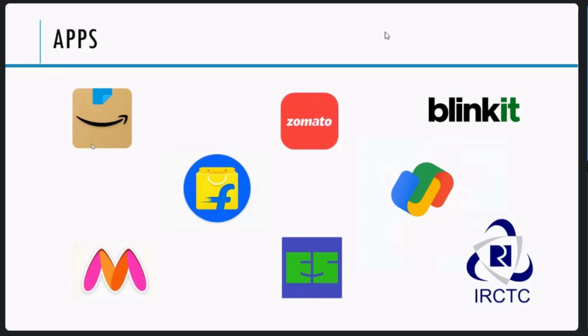Suppose you have selected a particular item in some app such as Amazon or Flipkart, then when you go to other websites, you will see just beside your main window some suggestions regarding that item. If you have searched for a t-shirt, then you will see so many t-shirt advertisements going on in the side screen.